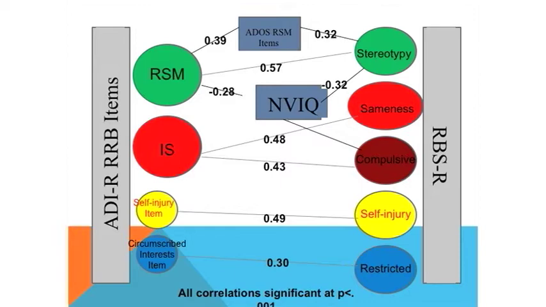You can see that there are similar correlations between IQ and repetitive behaviors, which are pretty high. But there are also correlations between IS, insistence on sameness in the red, and the sameness variable in the RBSR, between self-injury, which is not so surprising, and between descriptions of circumscribed interest and restricted behavior.